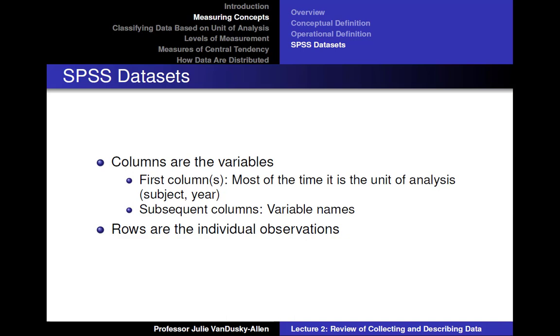The first thing you should know is that the column headings should identify the variable names. Typically, the first couple of variables in your dataset should identify your dataset's unit of analysis.